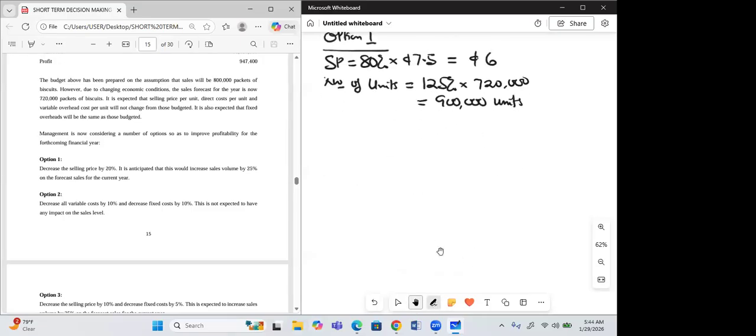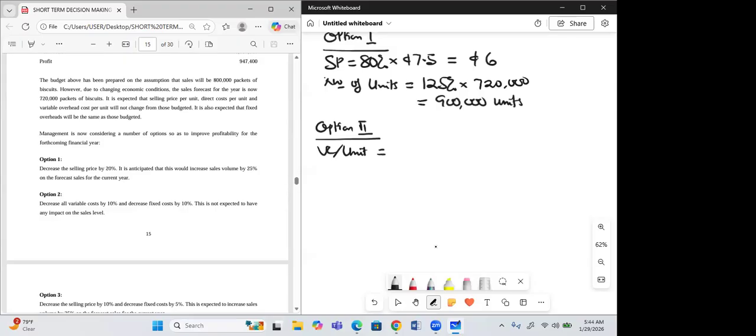Then we go to option 2. Decrease all variable cost by 10%. So the variable cost per unit will give you what? What was our variable cost per unit in the other question? 5.1.